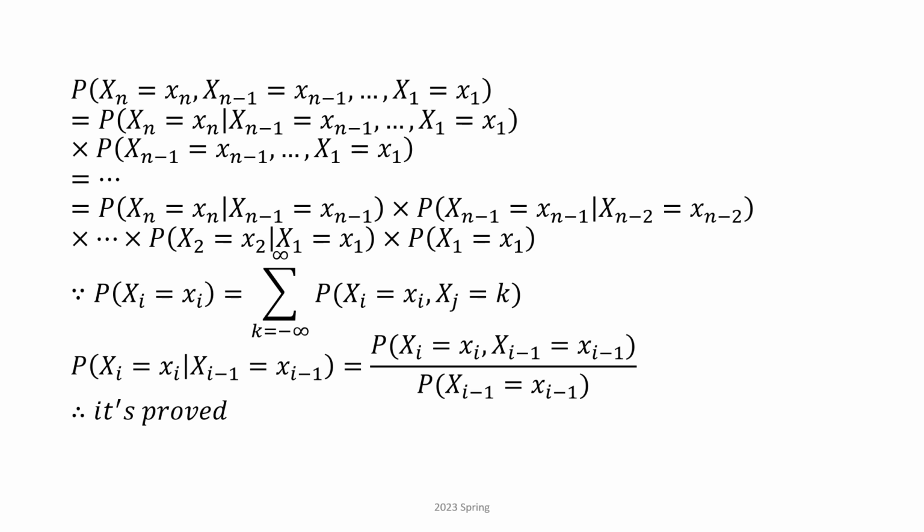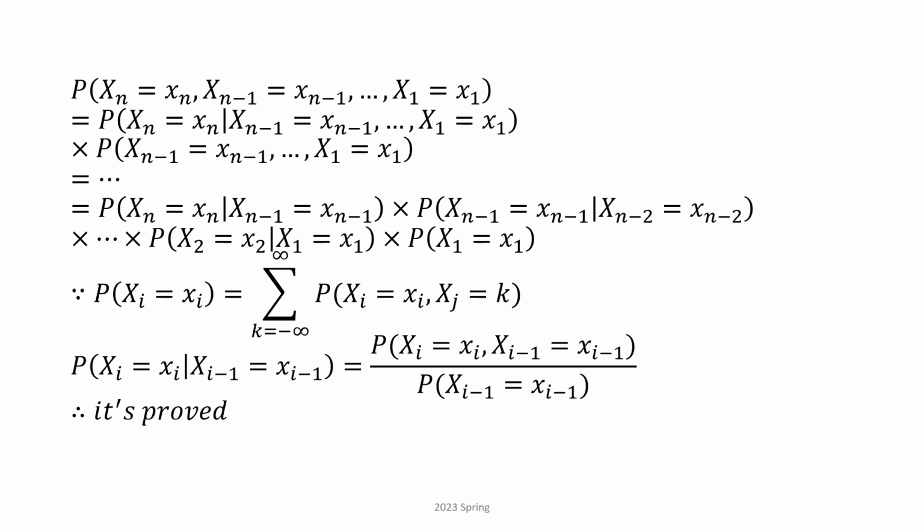And we do it many times until we get the equation that it equals the probability of Xn = xn given Xn-1 = xn-1, times the probability of Xn-1 = xn-1 given Xn-2 = xn-2, and so on until the probability of X2 = x2 given X1 = x1, times the probability of X1 = x1.